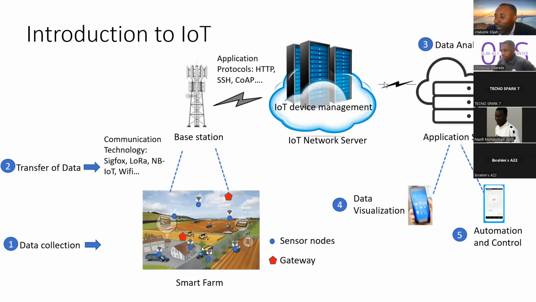Basically, if you have your smart farm, it could be that you are monitoring your tractors, or you have a greenhouse that has been set up somewhere, or on your farmlands you've planted some sensors, which you are monitoring for soil parameters, or you are tracking how your farm produce are being supplied.